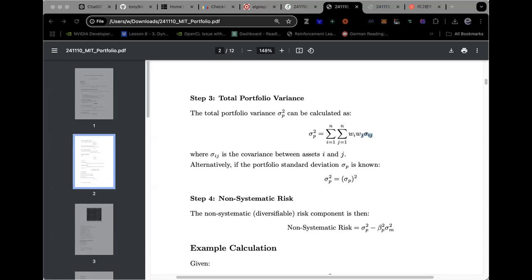This is the formula of standard deviation, which means for every sample, how much does it deviate from the mean?